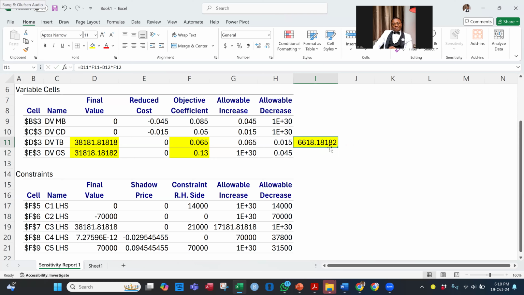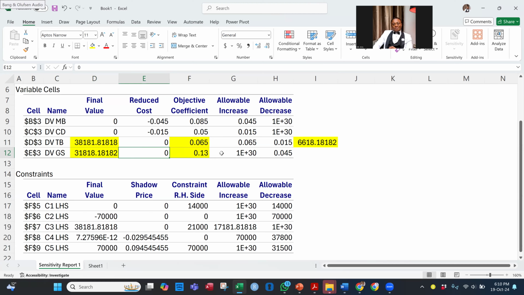So she will add this $6,618 to her $70,000, making her get $76,600. So at least she's made some very cool money in the first year. So this is the return, and you do that by multiplying each final value by its corresponding coefficient, plus another final value by its corresponding coefficient, plus another final value, and on and on, so you add all of them.